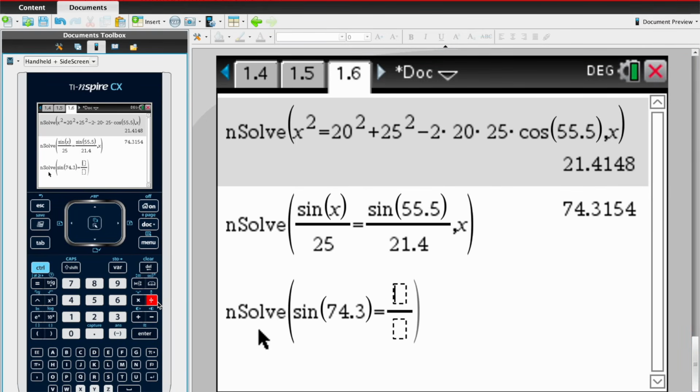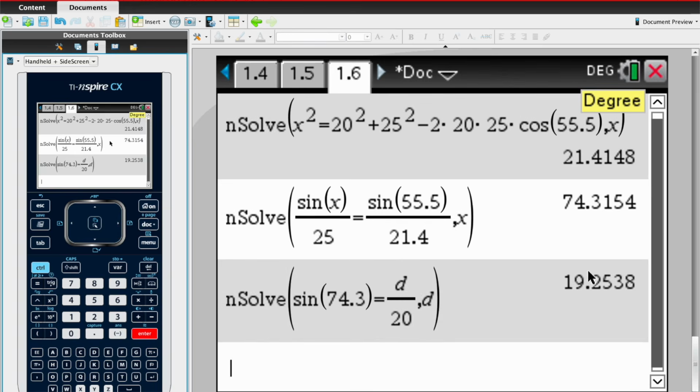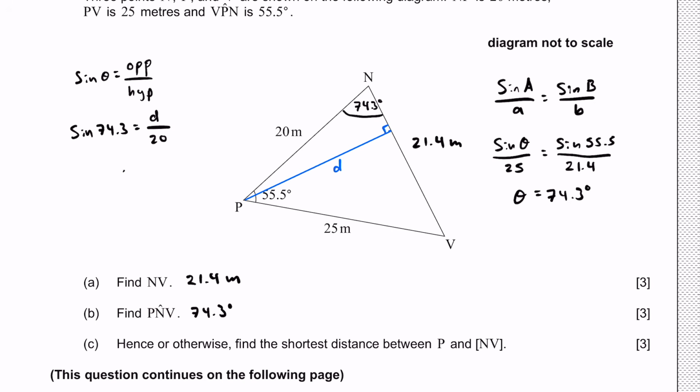Create a fraction, d over 20. Ask the calculator to solve for d. We're in degrees. 19.25, so 19.3 meters. All right. So going back to the document here, d is equal to 19.3 meters.